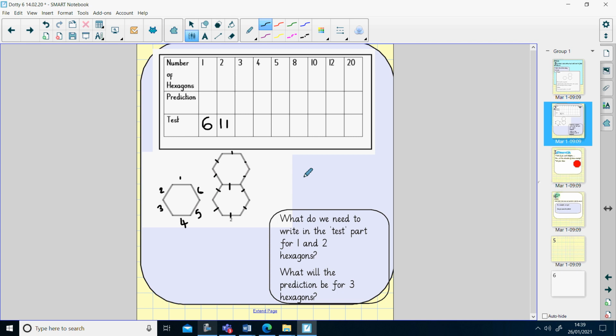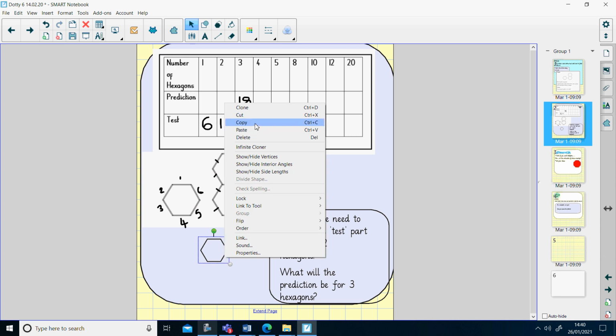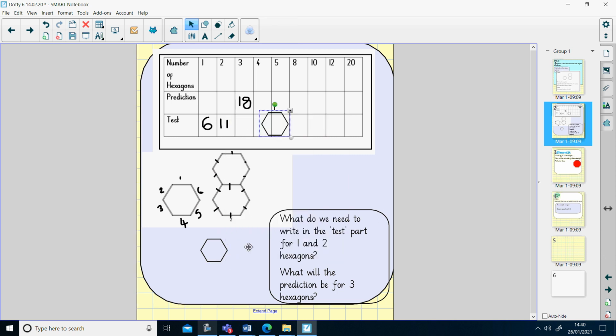Now what we need to do is to predict how many straws I would need if I was going to make 3 hexagons. Well, I think that 3 hexagons, they've each got 6 sides, so I'm going to say that 18 is my prediction. And I'm going to test it now. So I'm going to say there's 1 hexagon, and I need to have 3 hexagons.